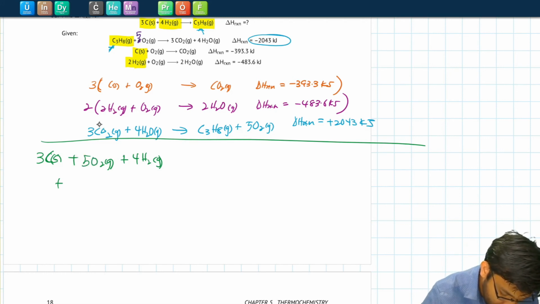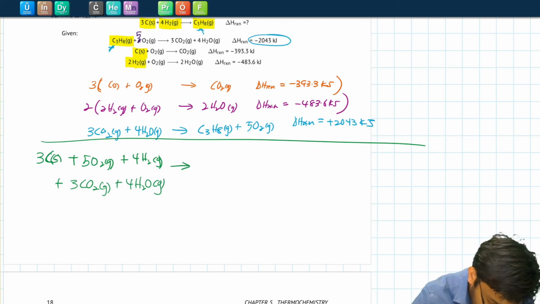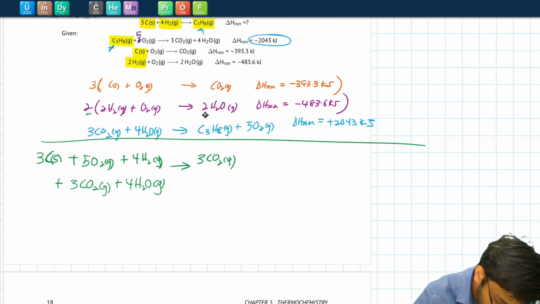There we go: 3 carbon dioxides, 3O2 gas plus 4 water, 4H2O gas. All of this goes to give us 3 carbon dioxide, so that's 3CO2, 2 times 2, which is 4 waters, 4H2O gas, C3H8 gas and 5O2 gas.